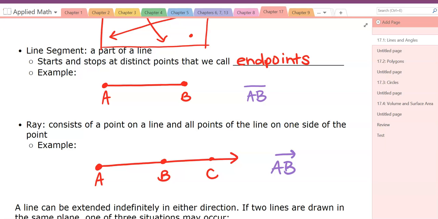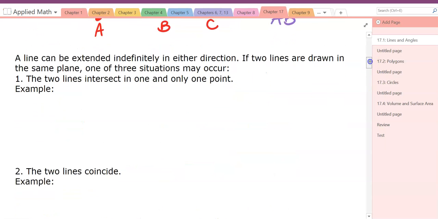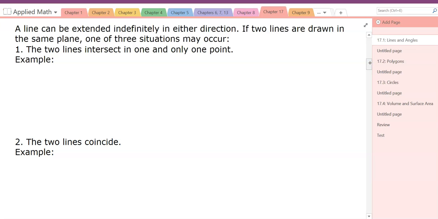Now, lines can do a couple of different things. And this comes in when you're talking about finding solutions to systems of equations and that kind of stuff. So remember, lines go forever in either direction. They can go forever and ever in both directions. And if two lines are drawn in the same plane, there are three scenarios that can happen.